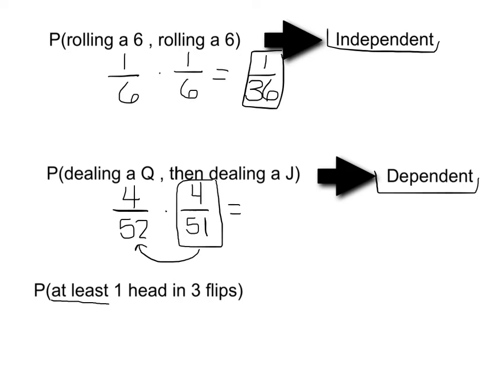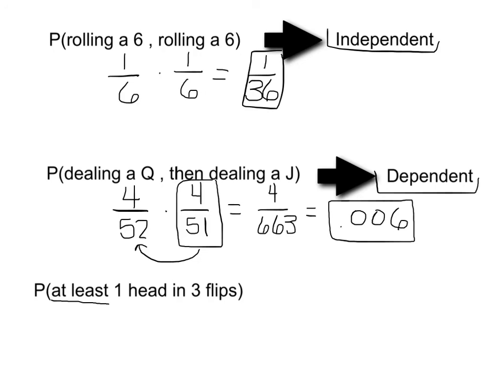Well, now I'm just going to multiply these two numbers together. And if I want to put it as a fraction, which is perfectly fine, 4 over 663. Or if I turn it into a decimal, which is also okay, 0.006. So this is the likelihood of me dealing a queen followed by a jack.